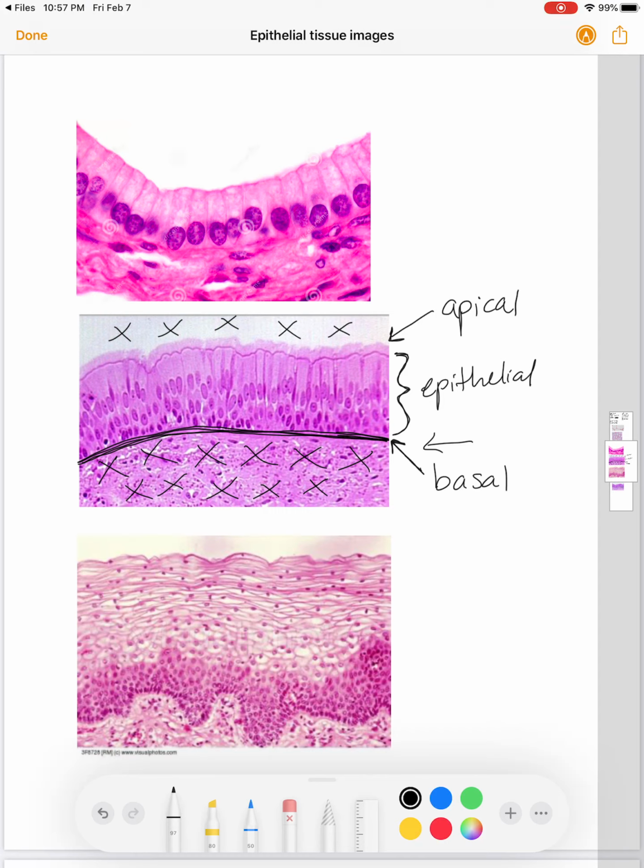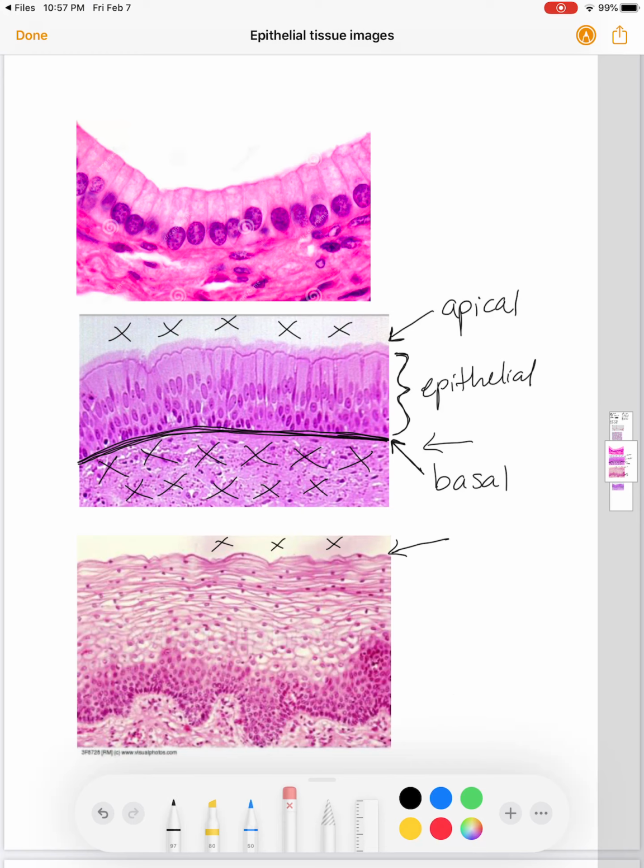So the apical surface is always going to face that area. Okay, the apical surface of this tissue down here is right here. Right, you can see all that white space there. So that's the apical surface, and then you have the basal surface down here. Okay, this will be important when we start naming these tissues, and I'll tell you more about that in just a second, okay?